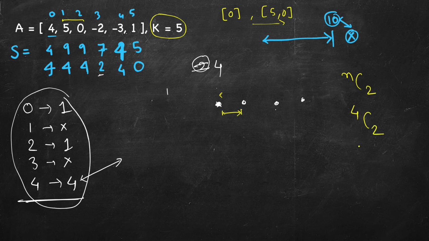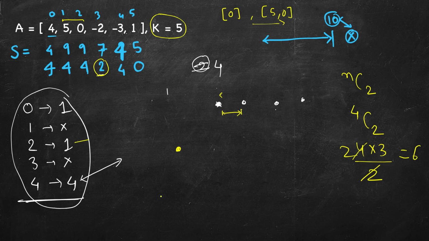So 4 choose 2, that is 4 multiplied by 3 divided by 2. That is 6. So 6 we have. And for 2 there is only one index, so no such interval will exist. We need at least 2. So this does not help.